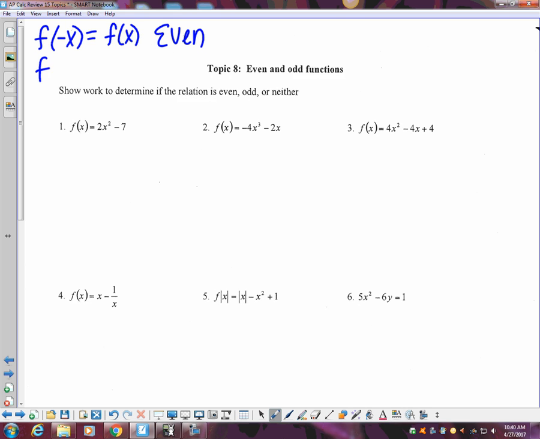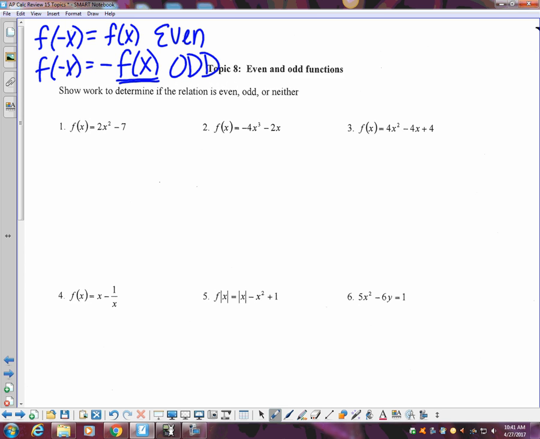If you plug a negative in for all your x's and it changes every single term, it changes everything about f of x, then it is odd. And then Jenny was right. If it changes some but not others, then it's neither.